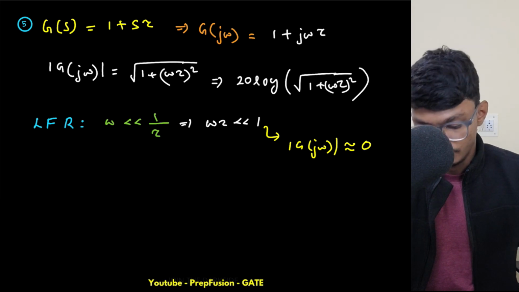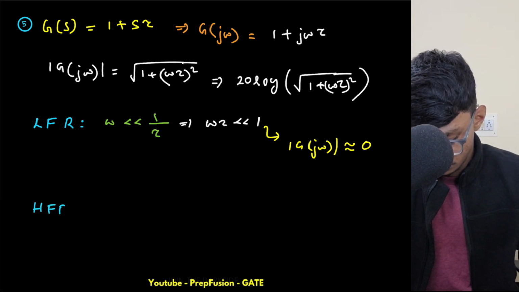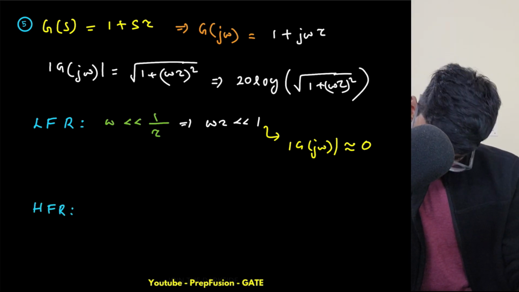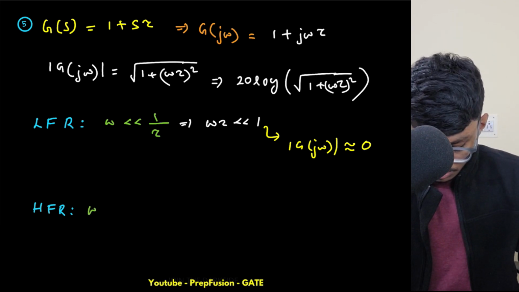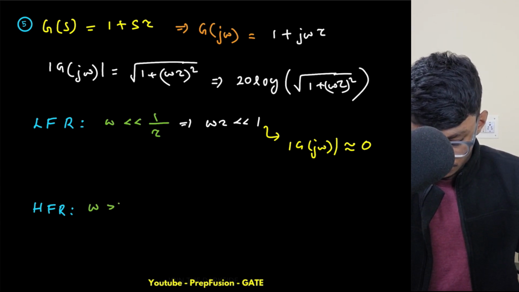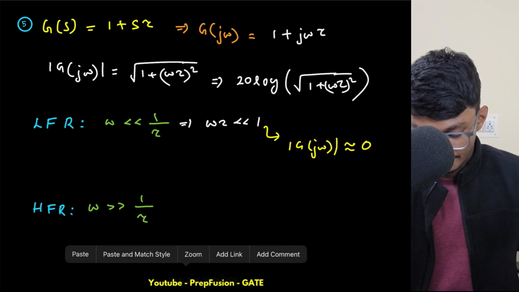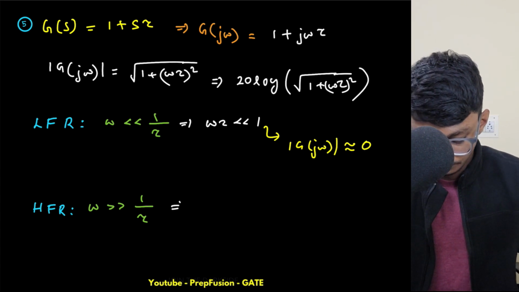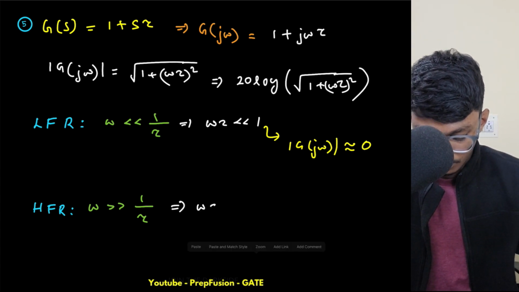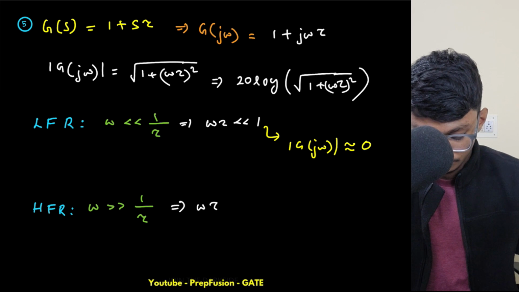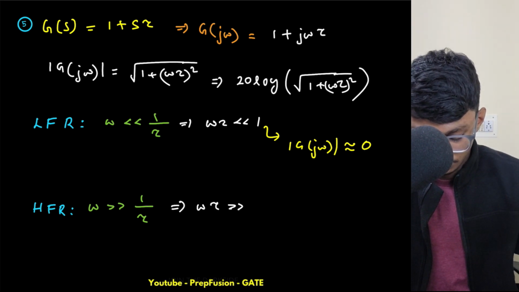What about my high frequency region? Omega is much greater than 1 by tau. Hence omega tau is much greater than 1.